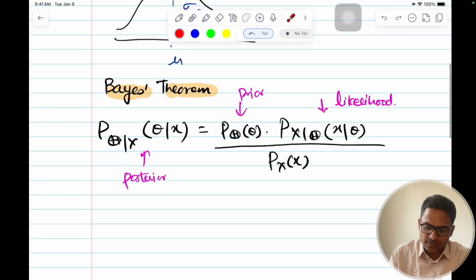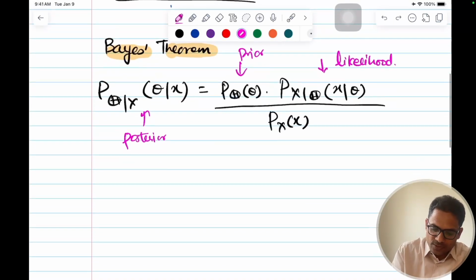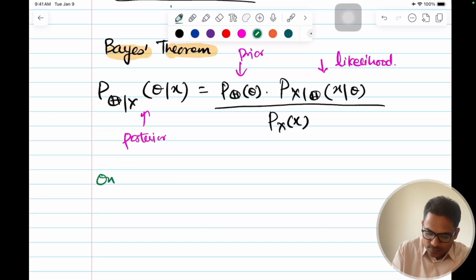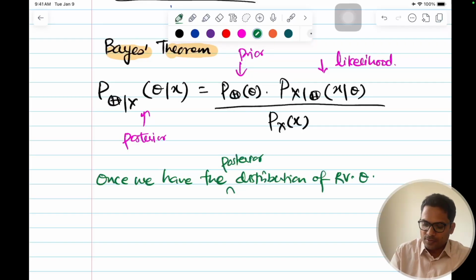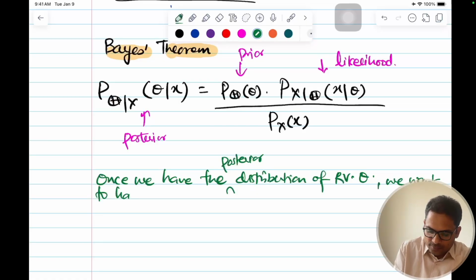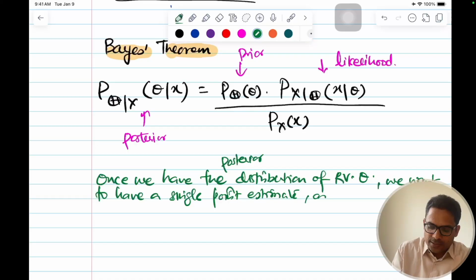So once we have estimated the posterior distribution of the random variable theta, we want to have a single point estimate, as in MLE, the maximum likelihood estimate.